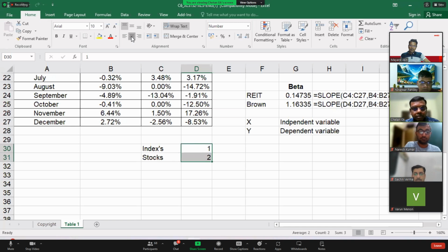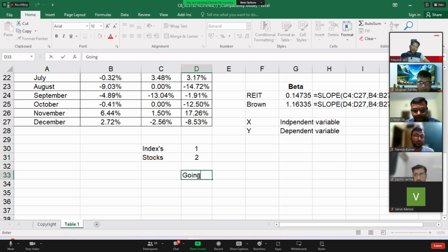If my index is going up by 1%, my stock will go up by 2%.